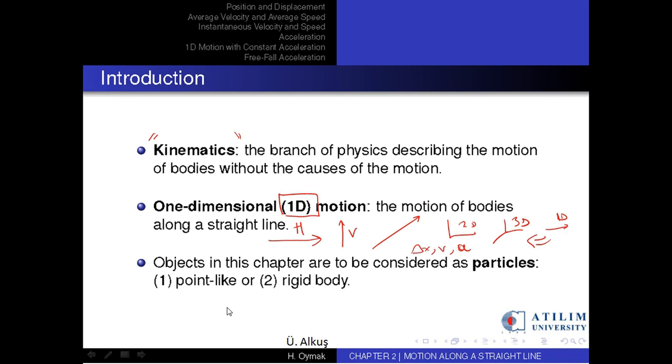Objects in this chapter will be considered as particles. A particle might be point-like, such as a small bead, or it might be a rigid body, like a car, whose every point moves in the same direction at the same rate. That is, it moves like a particle.